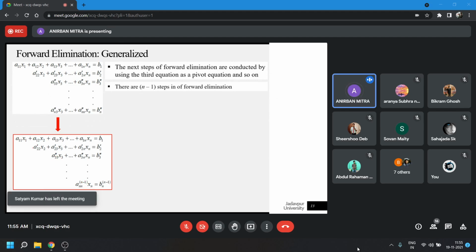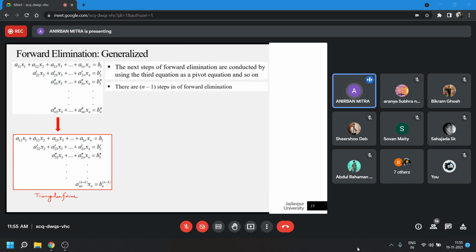So here, this second equation actually went through one forward elimination step, so that is why a single dash. The third one went through two forward elimination steps, that's why two dashes. The next one would have had three dashes for the coefficients. Like that, it will continue.